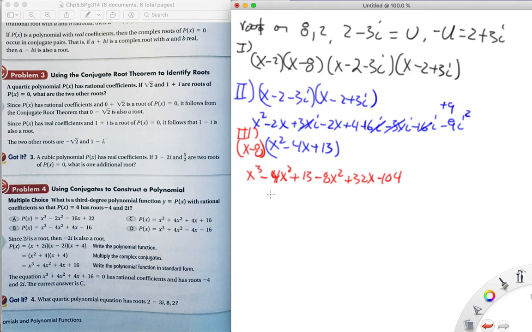Which turns into x cubed minus 12x squared plus 45x minus 104, and then we multiply that times x minus 2.